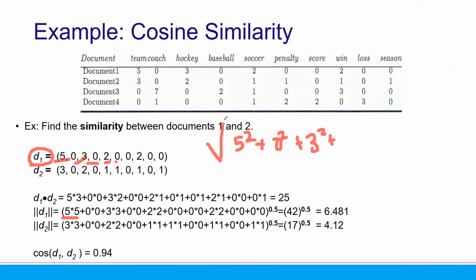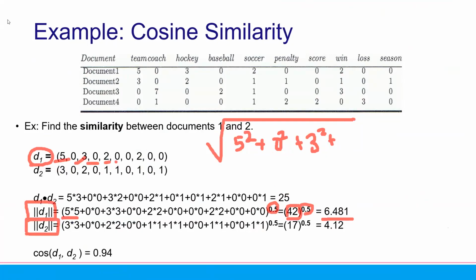And we will do the square root. So power 0.5 is the square root. After we do the summation, we will do the square root, and this is the value. This is the length of document 1, and this is the length of document 2.